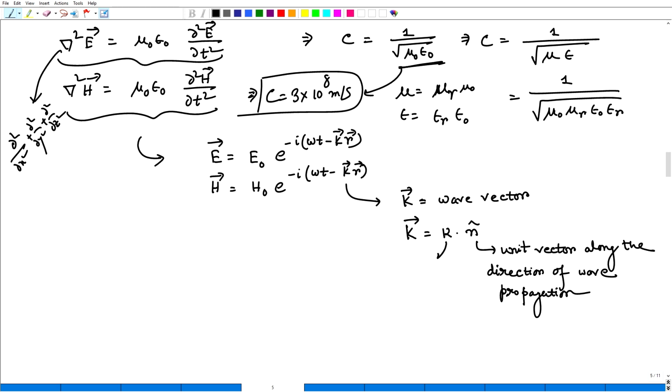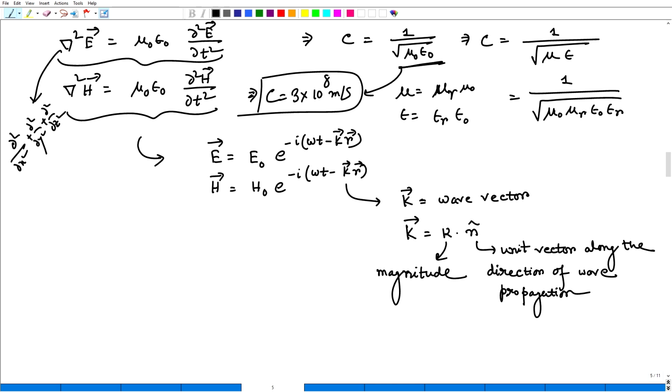Okay, and this is the magnitude. So, this is our k wave vector.